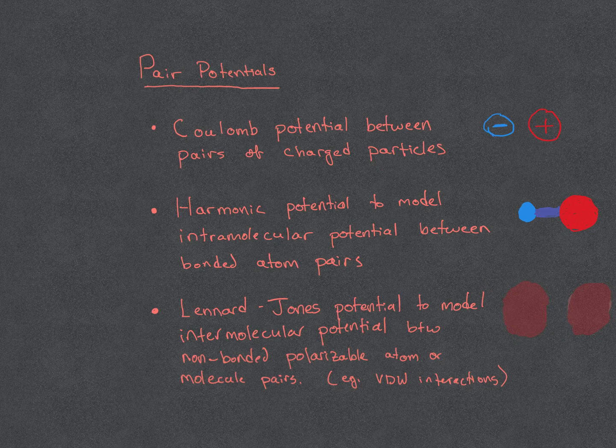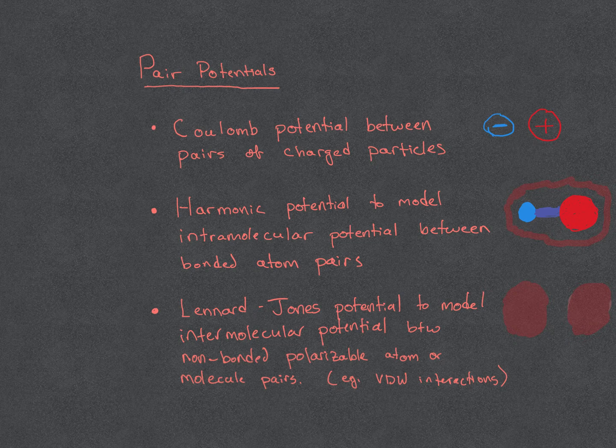We'll talk about the harmonic potential as a model for the intramolecular potential between bonded atom pairs. So imagine a diatomic molecule like I've drawn here. You might have, for example, OH. This is the oxygen atom in red, and blue is the H atom.